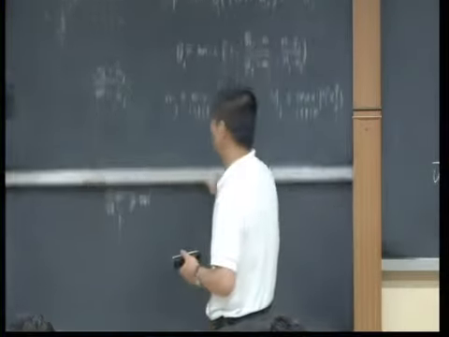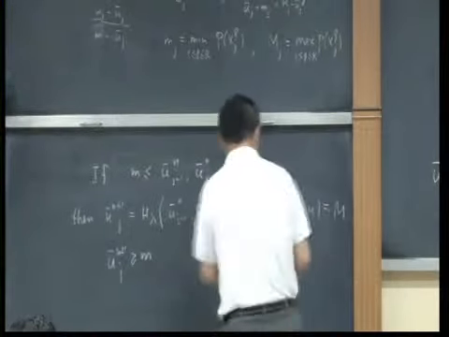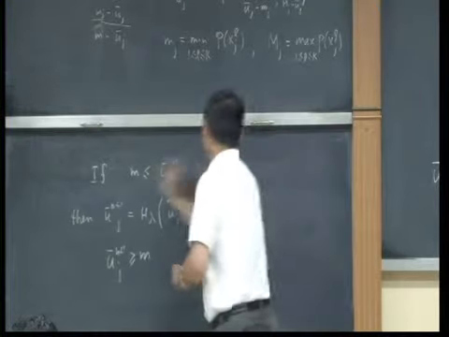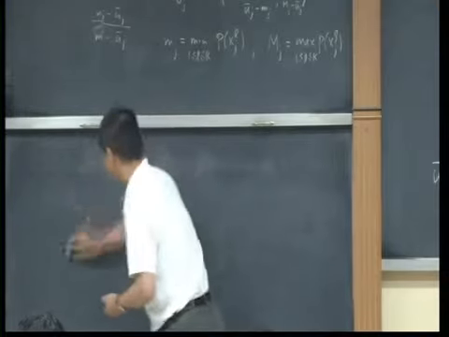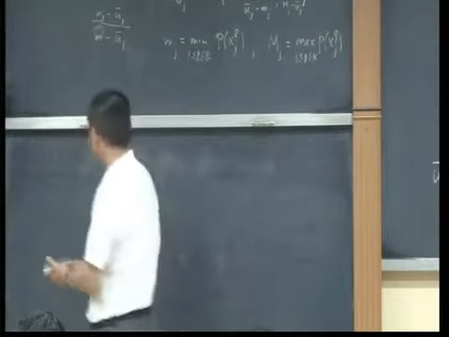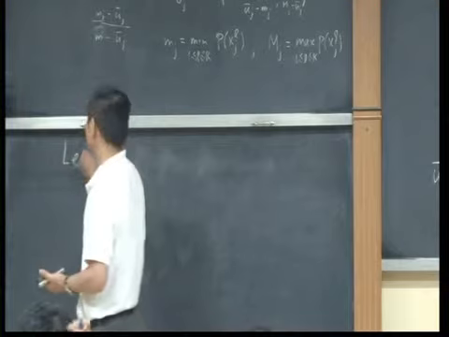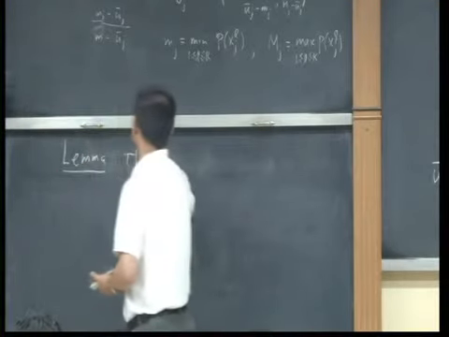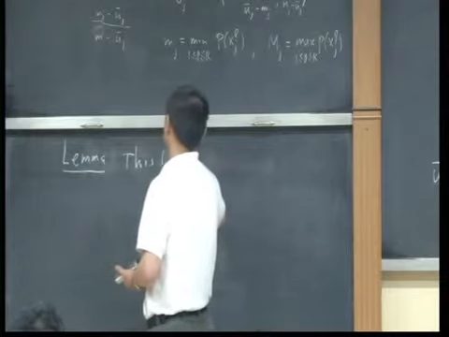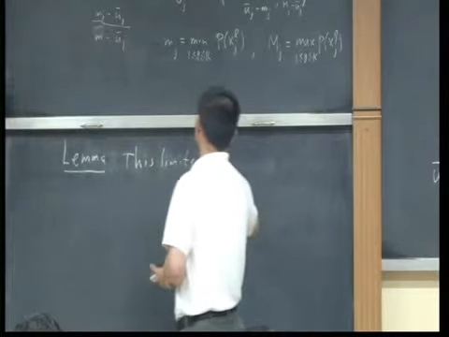You may not believe me, right? You might think it must kill accuracy. But there is a lemma which I don't want to prove anymore, but the proof is a few lines. It's a very beautiful proof that this limiter does not kill accuracy.